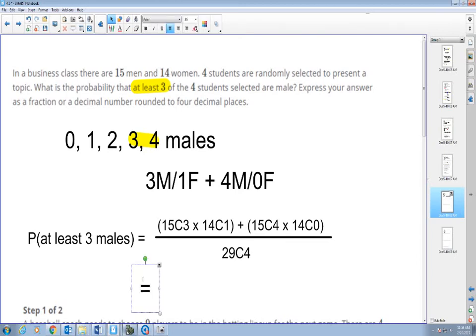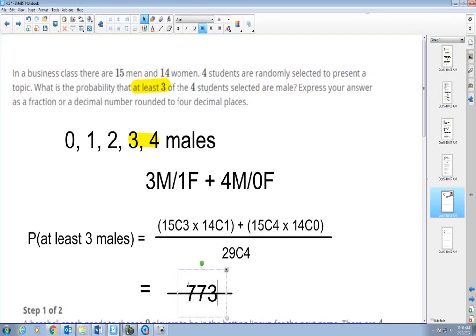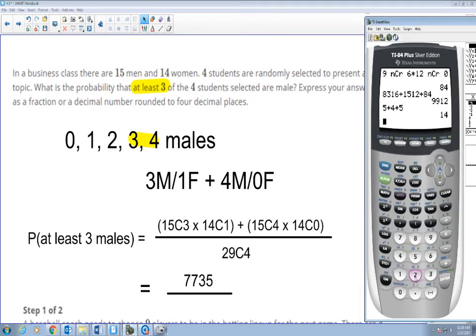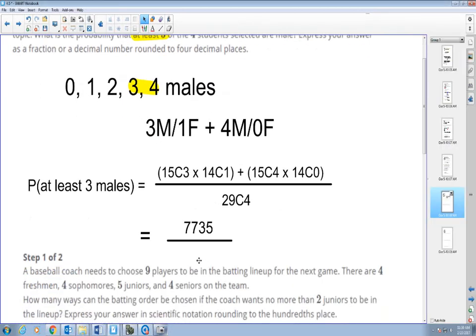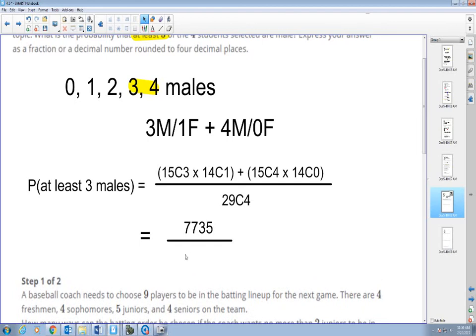So if you put the top in the calculator, I believe you should come up with 7735 for the top. The bottom, 29 choosing 4, is 23751.